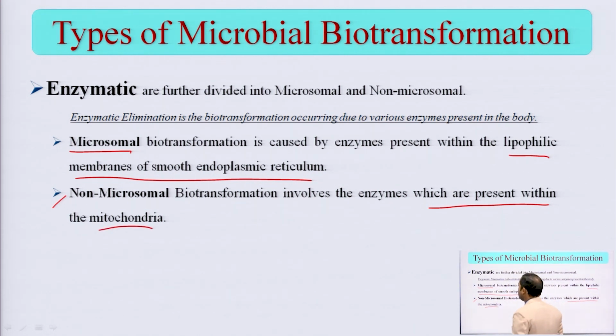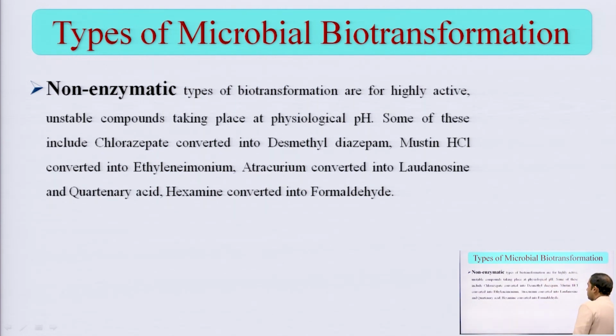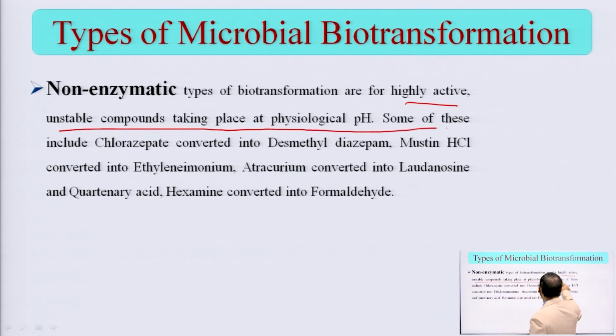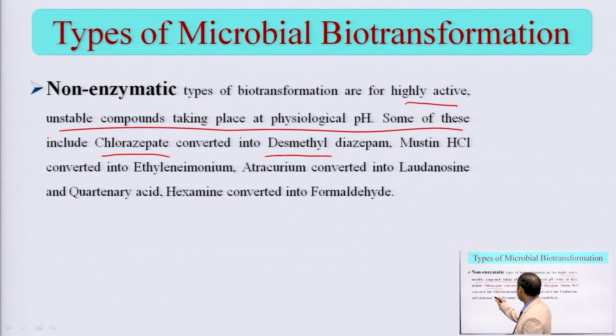Okay. This is about what is called enzymatic, where we are actually using enzymes. Non-enzymatic types of biotransformation are for highly active or unstable compounds taking place at physiological pH. At physiological pH, some of these include chlorazepate converted into desmethyl diazepam, or mustine HCl converted into ethyl nimonium, or atracurium converted into laudanosine or quaternary acid.